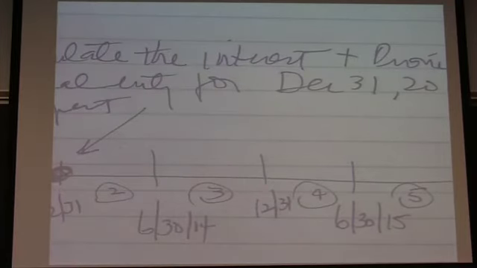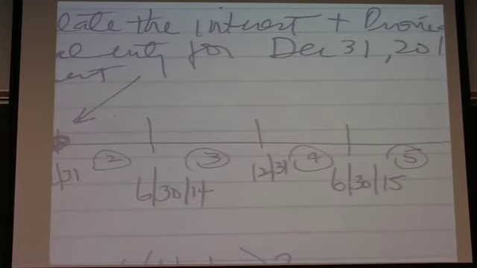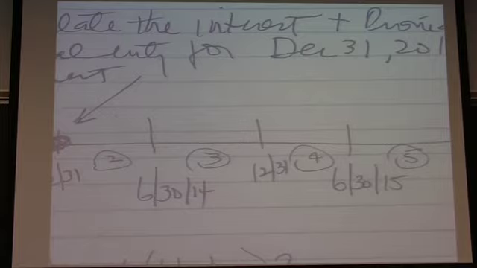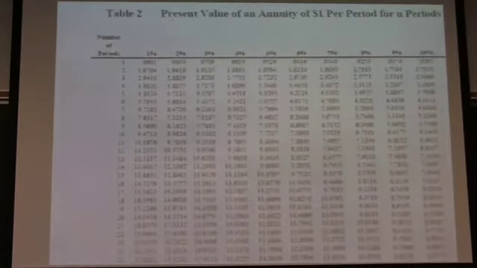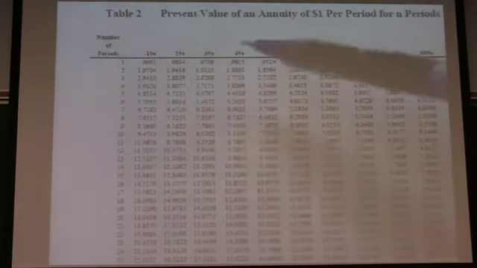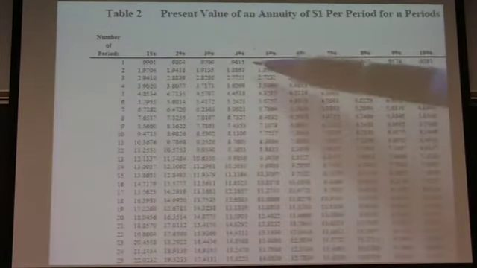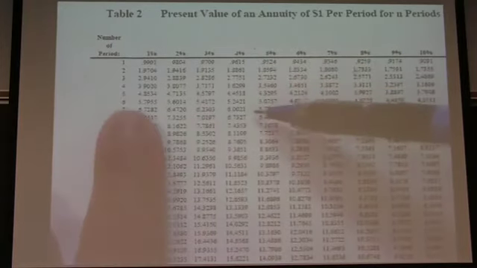So that is 79,030, plus the present value of 3,000 with n equals 6, i equals 4%. This is table 2, which is an annuity.